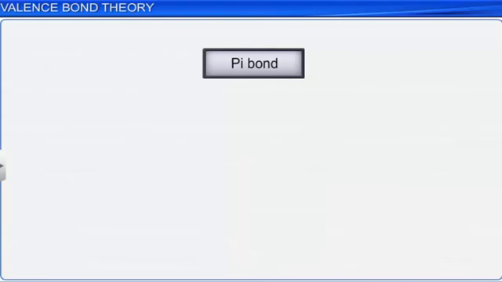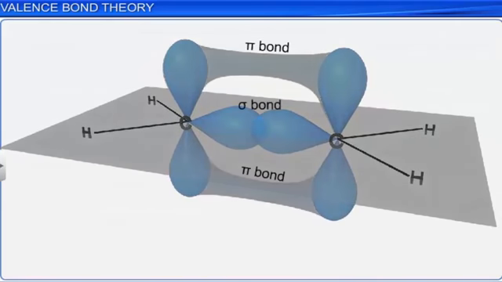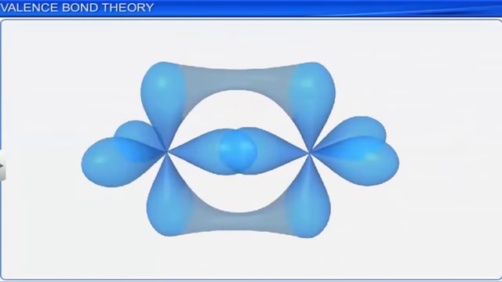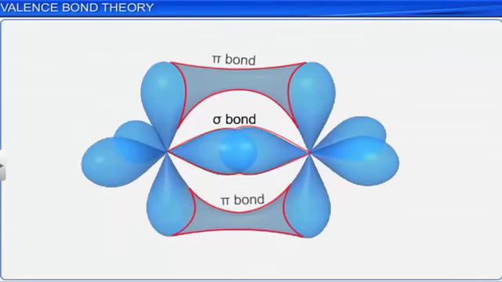Pi bonds can be formed in addition to a sigma bond between two atoms and are always present in molecules with multiple bonds. The overlapping of orbitals extends to a larger area in sigma bonds than pi bonds. Therefore, sigma bonds are stronger than pi bonds.